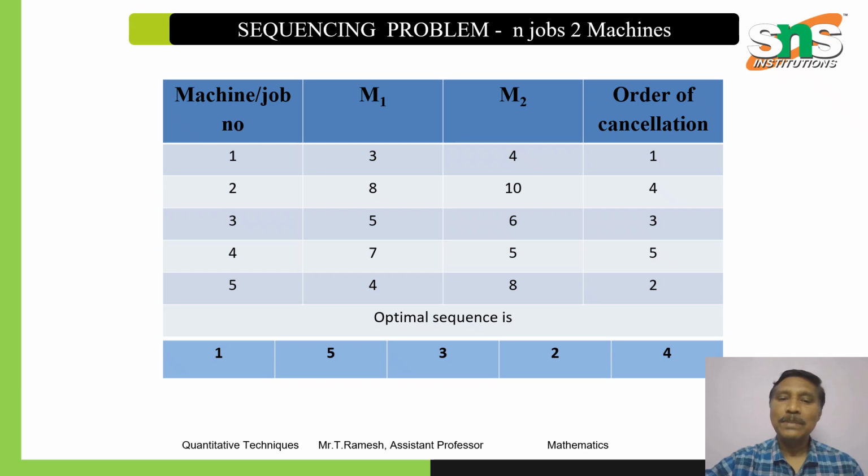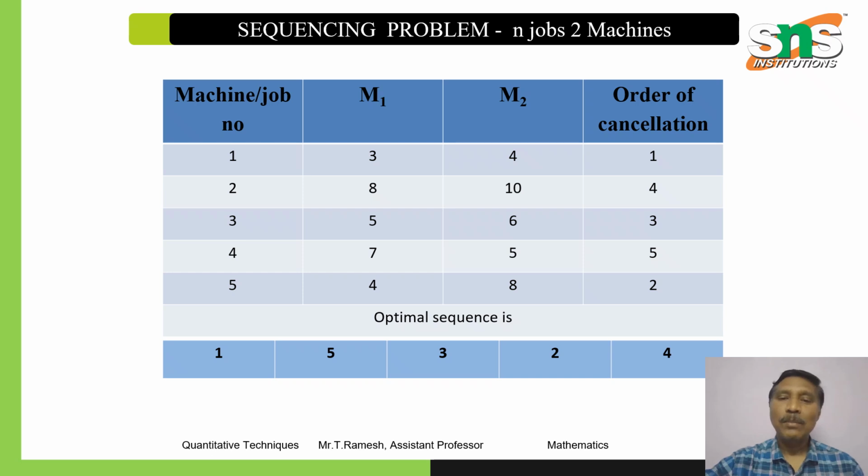Among these, which one is minimum here? 3. In the first job, on machine M1, it takes only 3 hours, less than the other machine durations. Therefore, we take the first job in the first order. Therefore, the order is 1, so we write it on the left side. And then we cancel this first job.